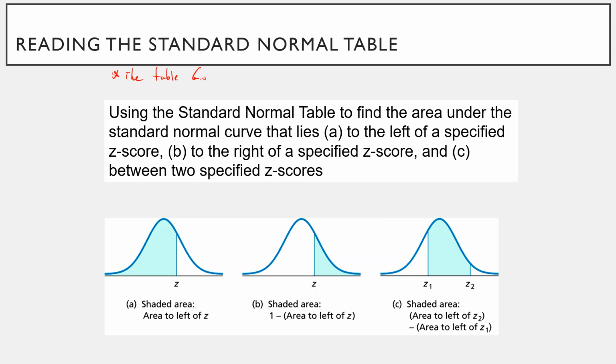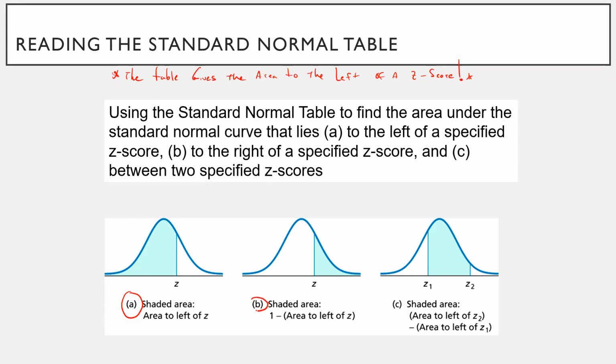So the table gives the area to the left of a z-score. But there are three ways I want to show you how to read the table. The first one will be real easy: what's the area to the left of a z-score.